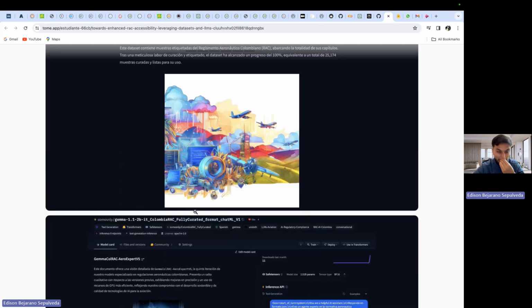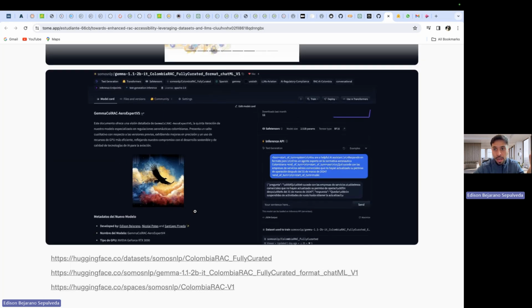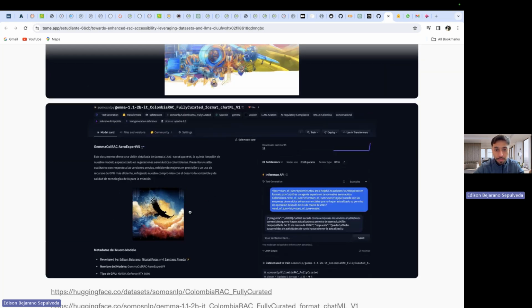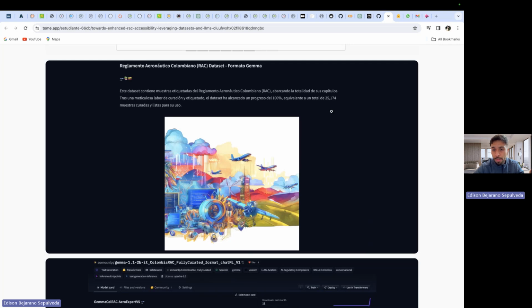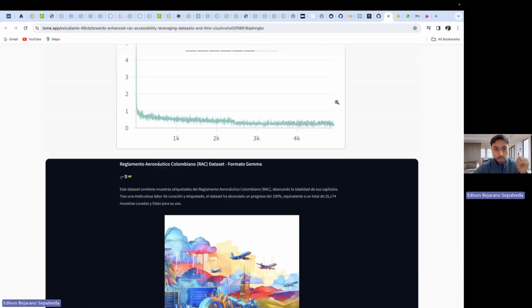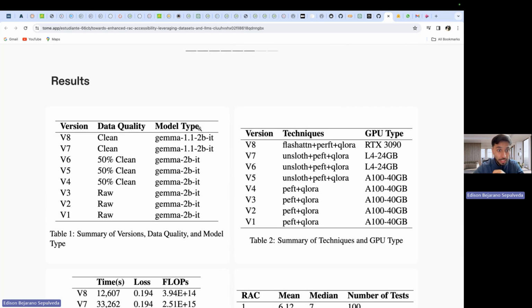So, some of the results: we generated a dataset with approximately 25,174 samples. We trained 8 different versions with different data quality. We used Gemma as our pre-trained model, the 2B instruction version, the latest 1.1.